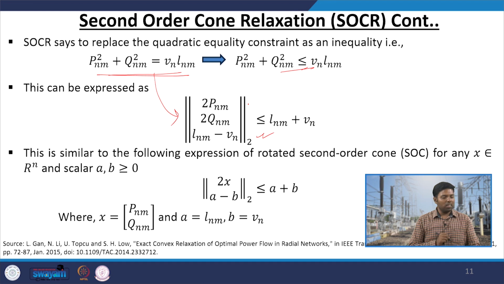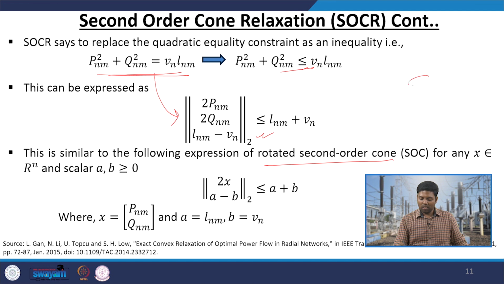And this has a resemblance of a rotated second order cone, means it looks like that, which is rotating with the z axis. Okay. So, if it is that so the minimal point you have only one.